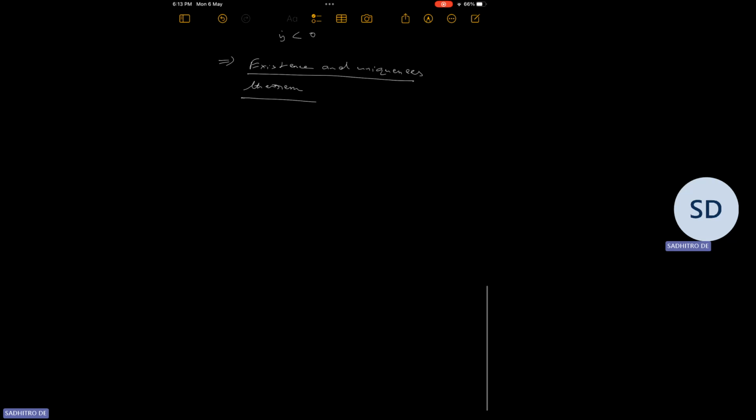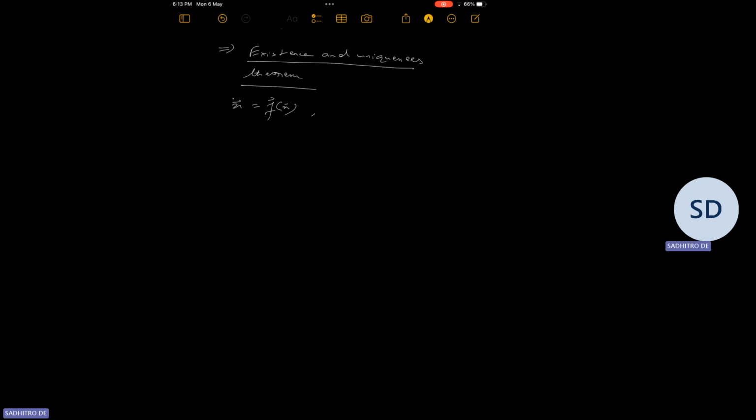So what does this say? That if you have the initial value problem x dot equal to f of x, and suppose that x at time t equal to 0 is given by the vector x0.